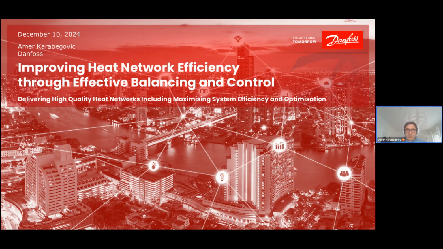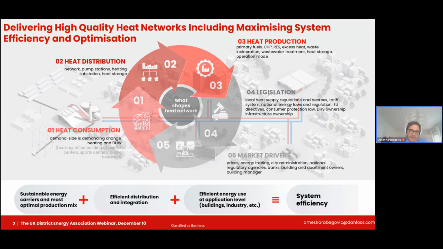So what we're talking about today is improving heat network efficiency through effective balancing and control. But before effective balancing and control, let me first say a couple of words about system efficiency as the main goal of heat network performance. The first condition is to understand what shapes a heat network. And it all starts with buildings, with heat consumption, which needs to utilize resources optimally.